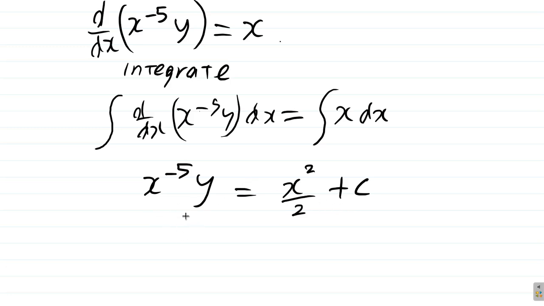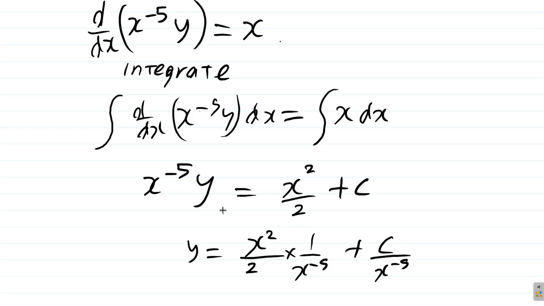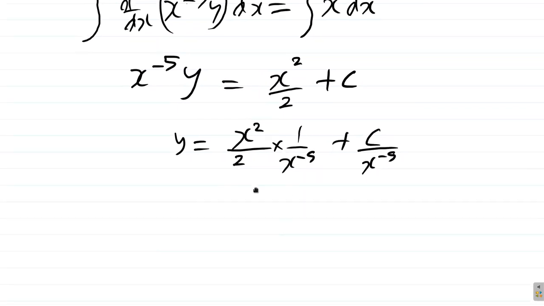After that, you divide by x to the negative 5, so you get y equals x squared over 2 times 1 over x to the negative 5 plus c over x to the negative 5. See that? After that, you use your knowledge of the laws of indices. If you have 1 over x to a power, it's the same as x to the negative power.